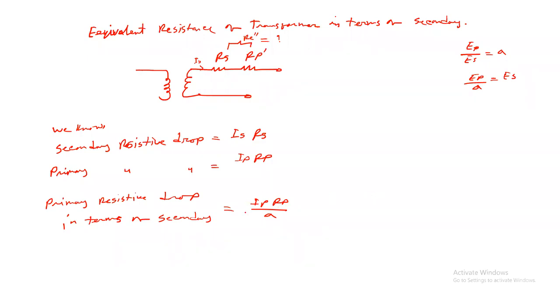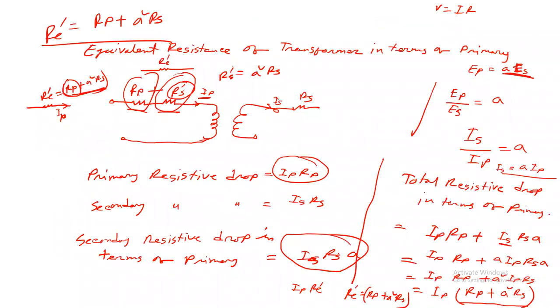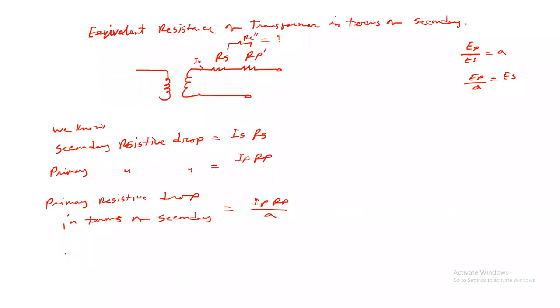Now this is the total. In our previous topic, we had the total resistive drop in terms of primary. So this is the total resistive drop in terms of secondary.